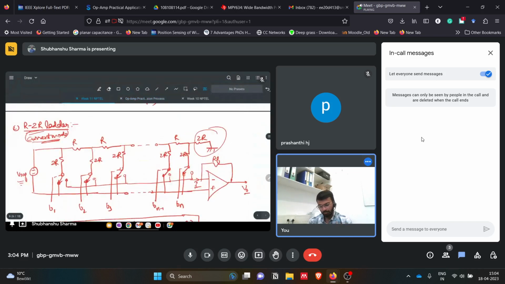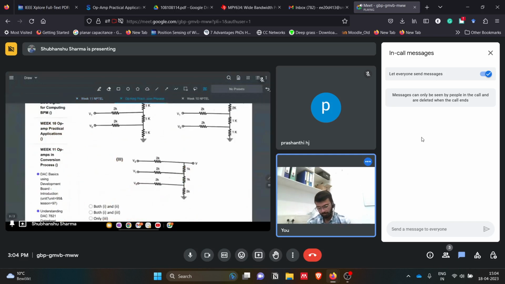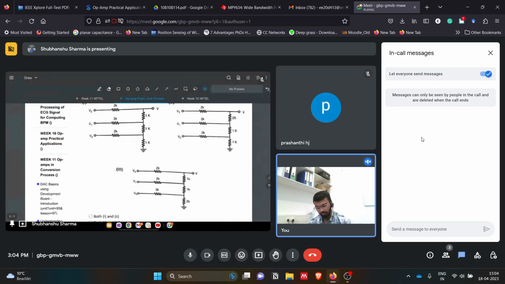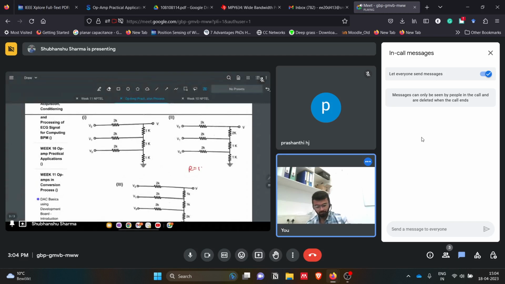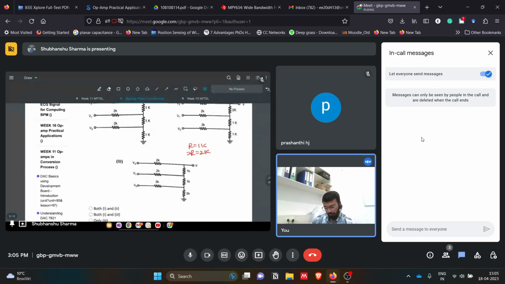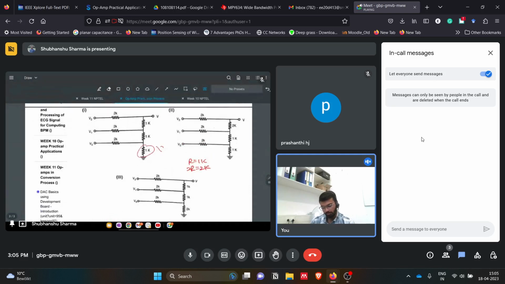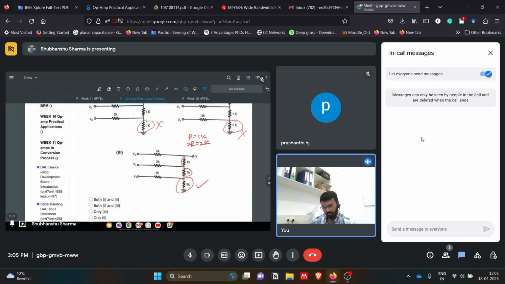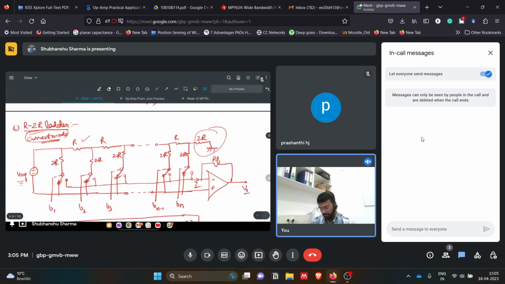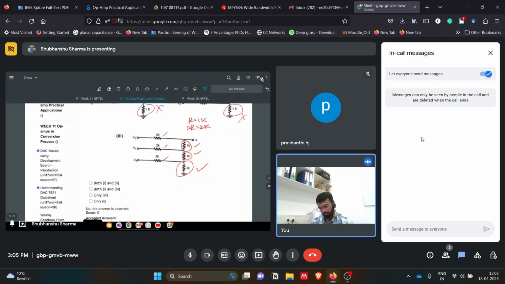So if we compare, here R is 1K and 2R is 2K. Based on that, this one is not having 2R at the end, and this is also not having. This is having 2K, and in between we have R. So this is fine, and these are 2R, 2R, 2R. If you can see, between R and the perpendicular branches we have 2R. So I think you can answer this question then.